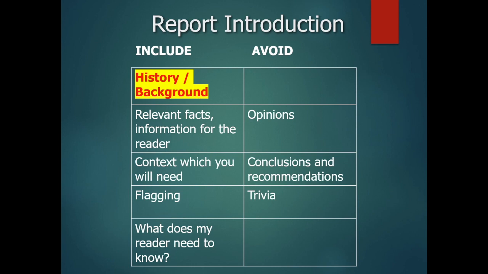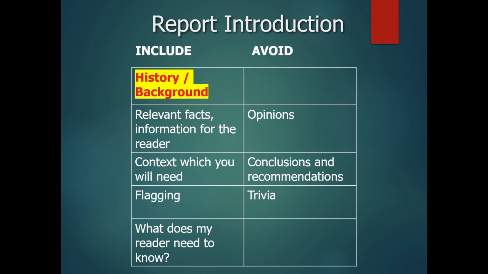Flagging refers to certain issues you want to raise in your history and background that you're not going to actually discuss now, but you will pick up on later in the body of the report. So an example for this particular report would be, let's say, the legacy of apartheid for that particular township meant that there were no wastewater treatment works created, okay, because it was, of course, one that dated before 1994.